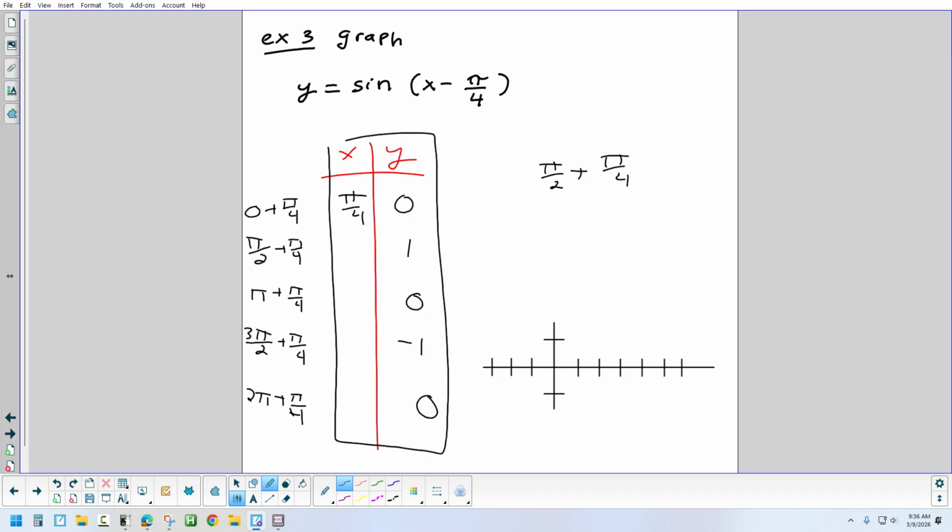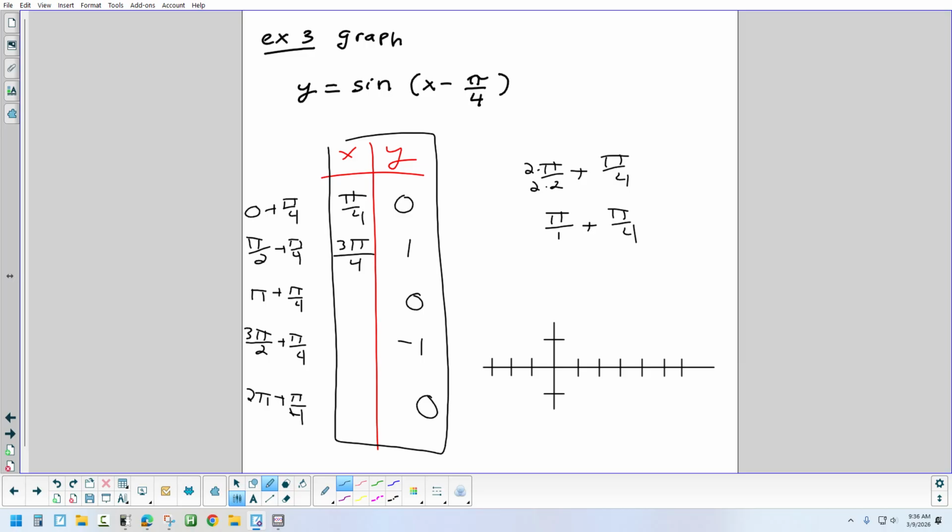What would you multiply the top and the bottom by? 2, times 2 times 2. So what do you get when you simplify that? 2 pi over 4 plus 1 pi over 4 gives you a total of 3 pi over 4. Yeah, when you're finding a common denominator, you keep the denominator the same when you do the arithmetic. Good. Next one, pi plus pi over 4.